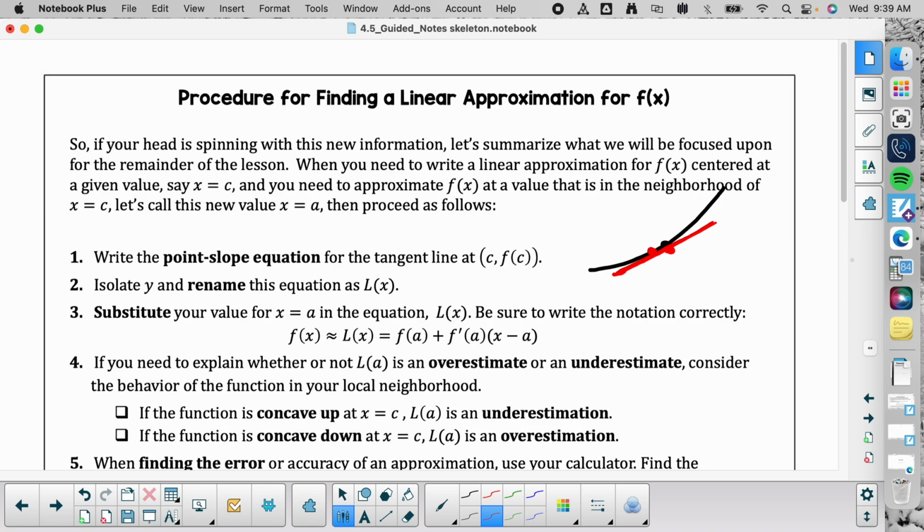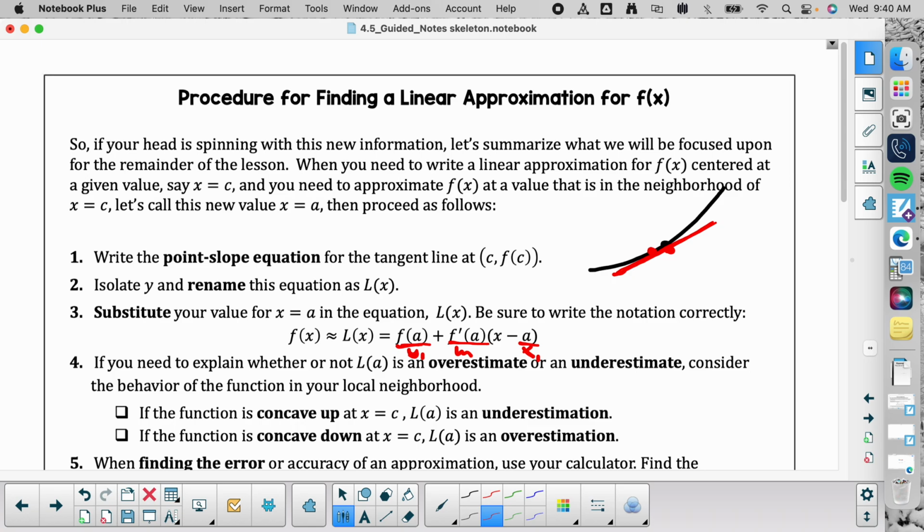the notation can be different. This isn't the notation for a tangent line in a sense, but we should know it is, because f of a is the same thing as saying y1. F prime of a is m. X minus a is the x1.